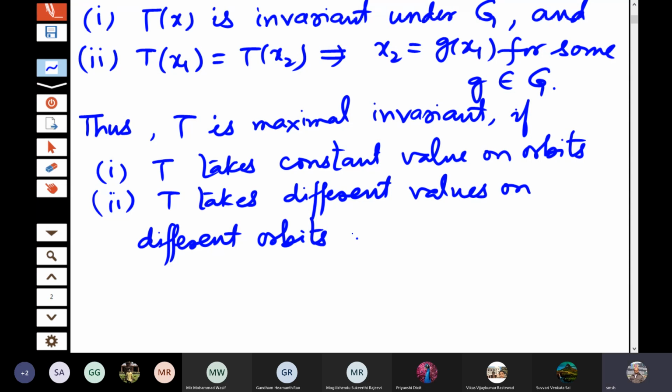We will prove a small property of this. Let us call it a lemma here.